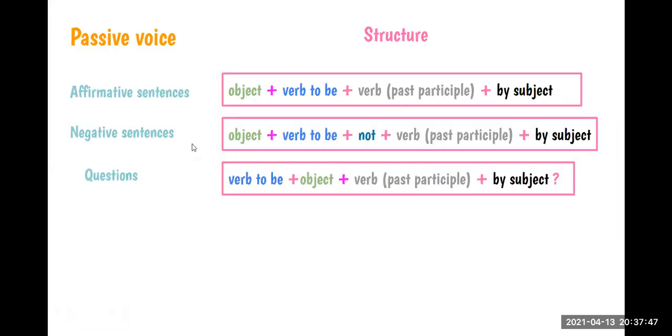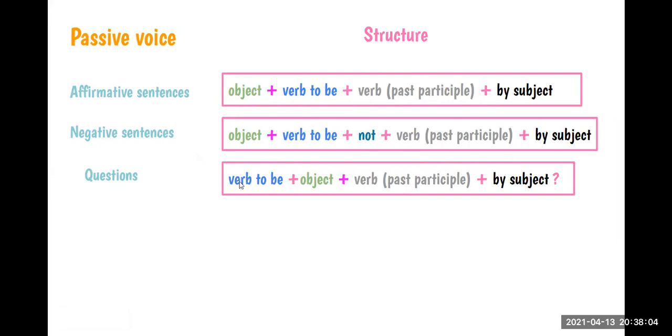And also we use the verbs in the past participle in the passive voice. Okay, remember that this is the structure of the passive voice that we learned. We need the object, the verb to be, and the past participle. The object, the verb to be in the negative form, and the past participle.